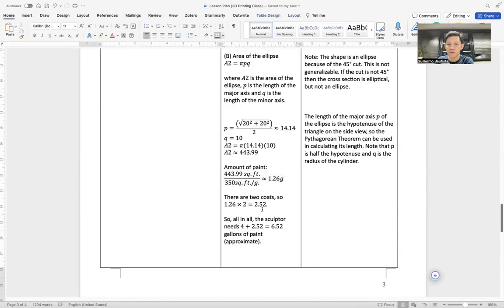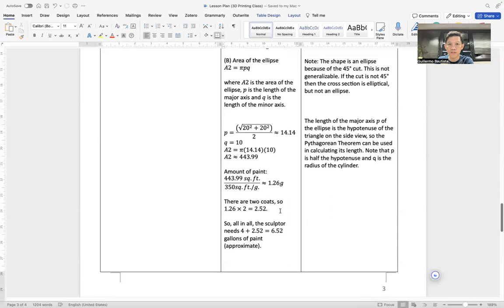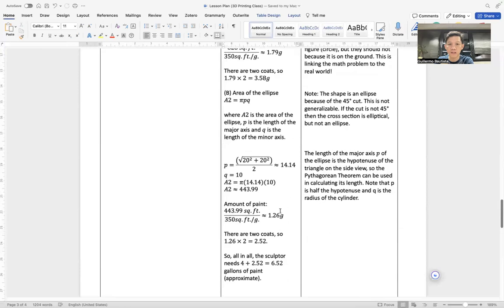And multiply by 2, we have 2.52 gallons. And we add, so the sculpture needs from here, this should be 3.58.